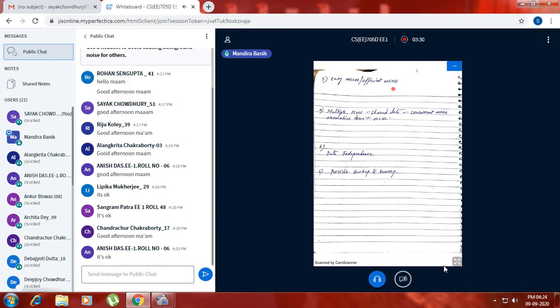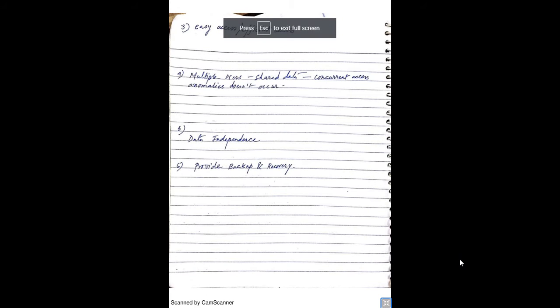Now, easy or efficient access: obviously, in our lab we can see that using a single command we can easily access a table of the database.